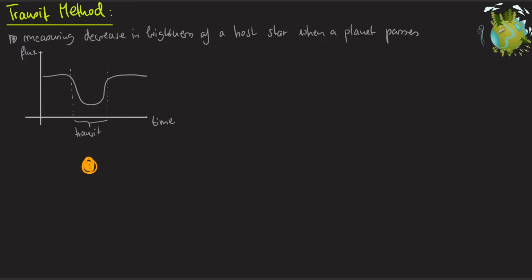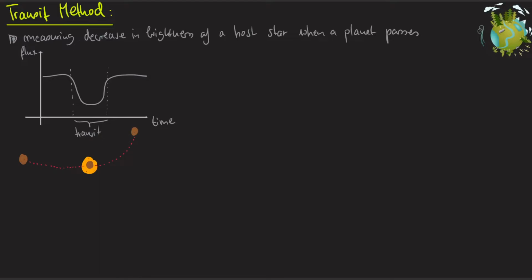So we have the star here, and there's the planet. The planet is orbiting the star, and eventually it will move in front of the star and take away light. That's why we see this decrease in brightness.